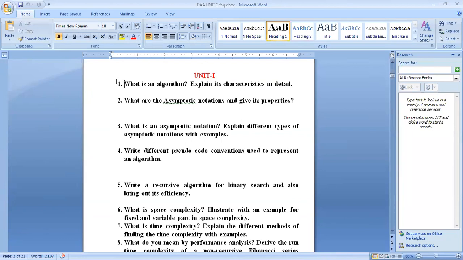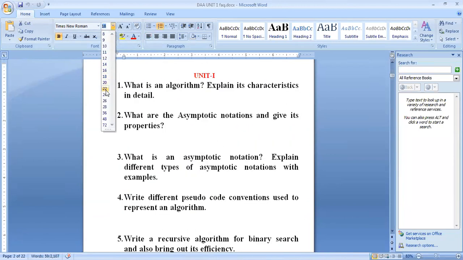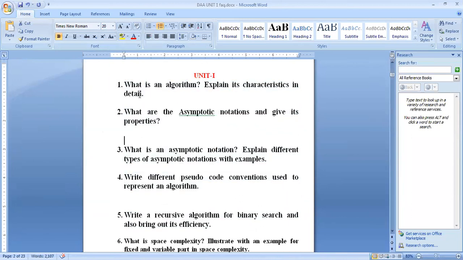Today we will concentrate and discuss on these 5 concepts: what is an algorithm and what are the characteristics of the algorithm, what are the asymptotic notations, and the properties of asymptotic notations.